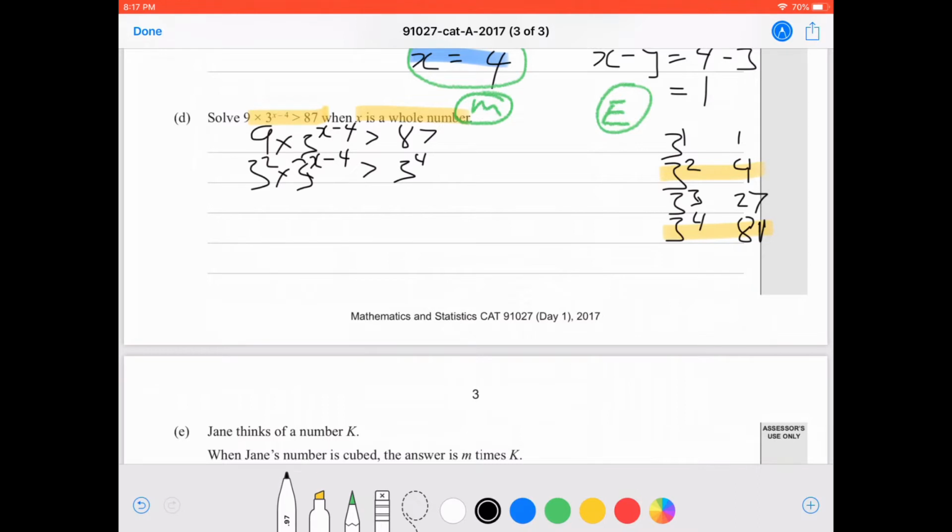So, we're going to combine the left-hand side. We're multiplying two numbers with the same base, so using our power rules, we're going to be adding the indices, so 2 plus x minus 4, so it becomes 3 to the power of x minus 2, and it's greater than 3 to the power of 4.